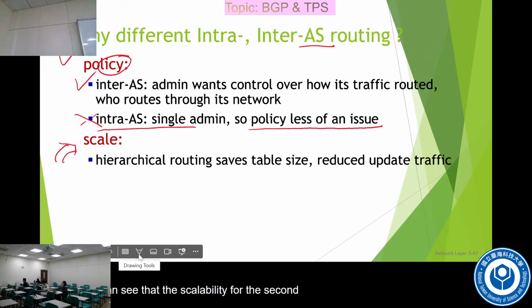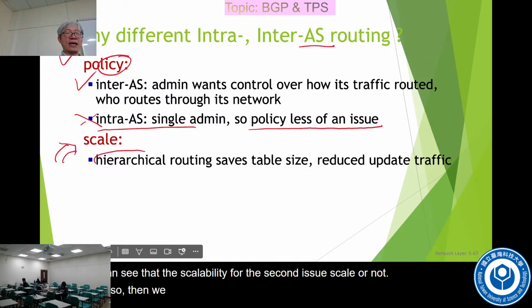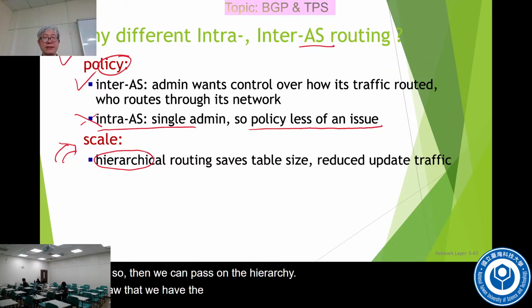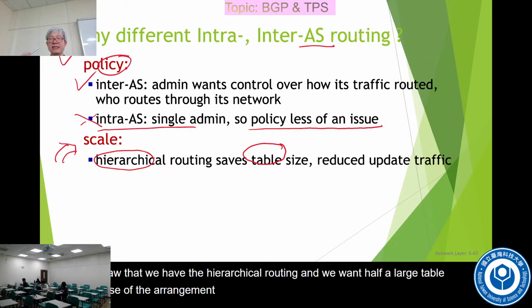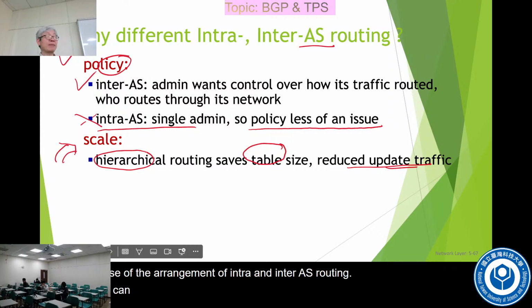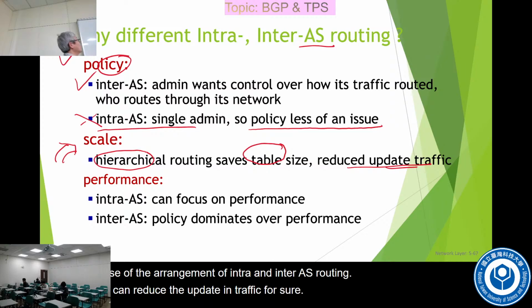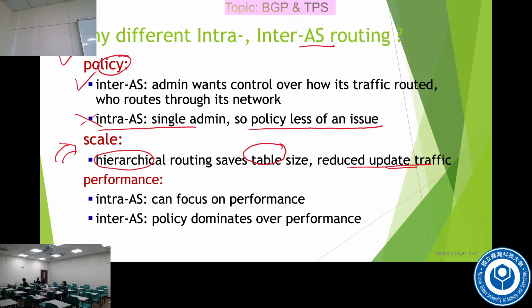And if so, then we can pass on the hierarchy, and so that we have hierarchical routing. And we won't have a large table because of the arrangement of intra and inter AS routing. So we can reduce the update traffic for sure. Well, we have the reason, scalability, to have intra and inter initially.